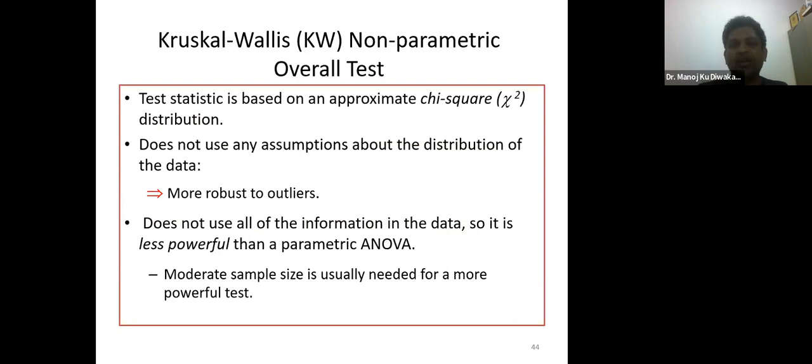Here we use the chi-square test, which does not use any assumption about the distributions.